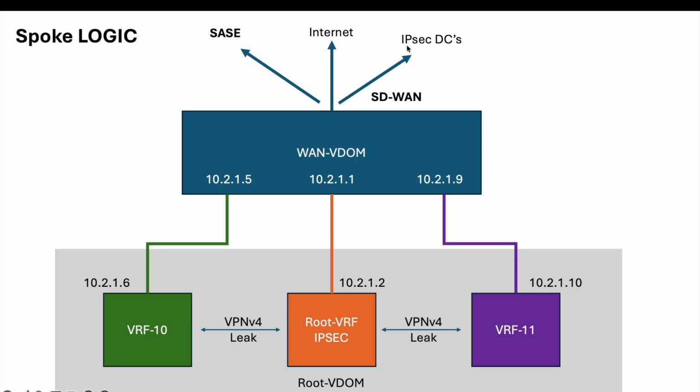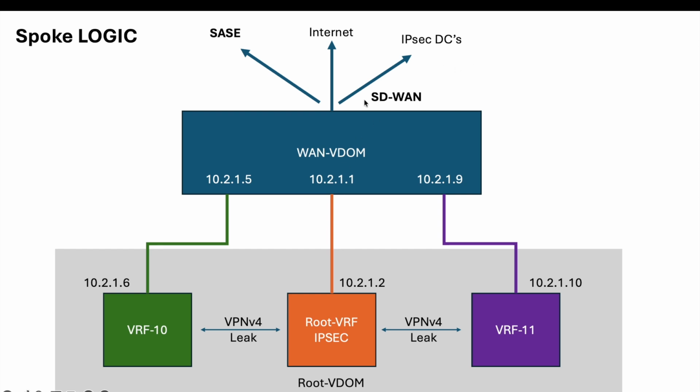And then the SD-WAN will say, okay, I'll send it directly to the internet. The IPsec in this instance is being sourced from here. So again, we can use the SD-WAN. Let's say I have 2 internet service providers here, or 2 internet feeds. They're both being sourced from the root VDOM, but I've got one IPsec tunnel going to data center 1, and another IPsec tunnel going to data center 2, no problem.